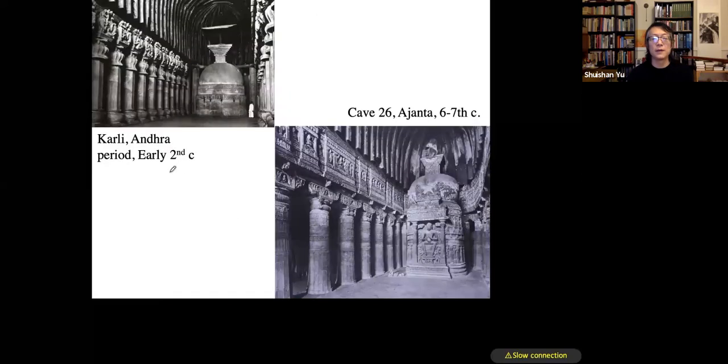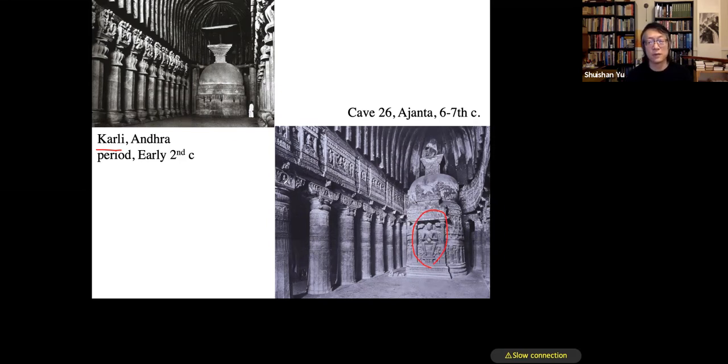But compared with the earlier Chaitia, we notice now there are Buddha statues. So Buddha statues didn't become a norm until after the Kushan period. So earlier ones do not have Buddha statues. Later ones had Buddha statues.